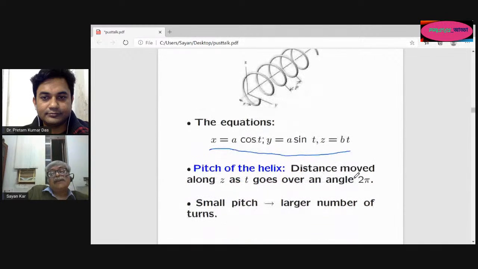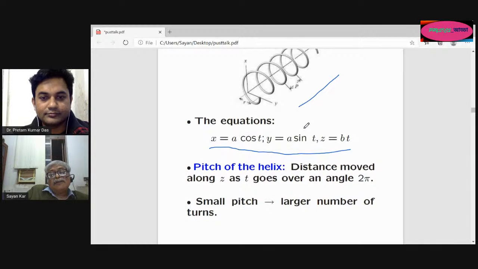So there is something called the pitch. So what is the pitch? It is the distance moved along z. So z is this direction. So the distance moved along z as t goes over an angle 2 pi. You go round once by 2 pi and you move a distance p, and that is what is called the pitch.